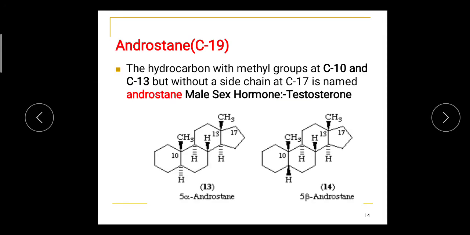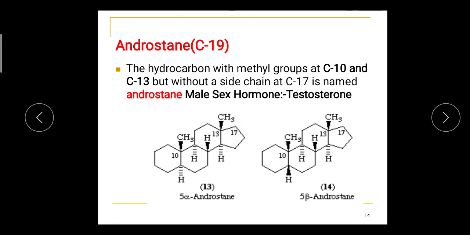Next is androstane, a steroidal nucleus having 19 carbons. It is the hydrocarbon with methyl groups at both C10 and C13, without a side chain at the C17 position.